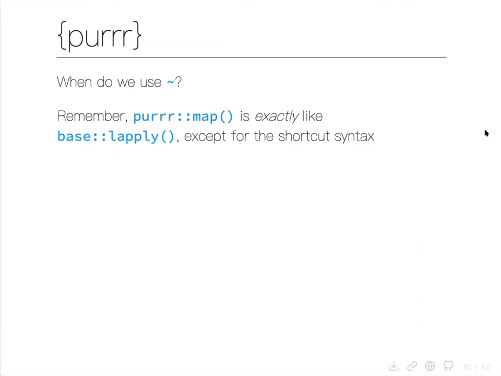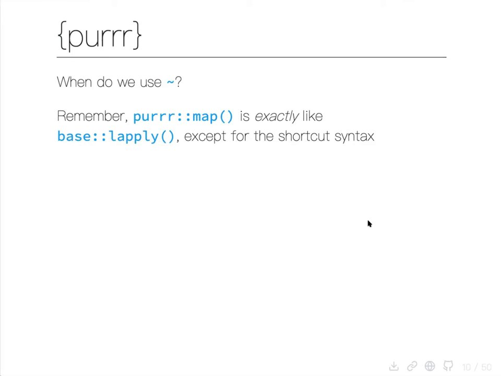Moving on to purrr very quickly. I'm not going to have you actually do this thing, but I just want to talk about this for a second. When do we use the tilde? Okay, so remember map is exactly the same as lapply, except it has that shortcut syntax. Okay, and then there's all these variants of map that we use a lot, right?